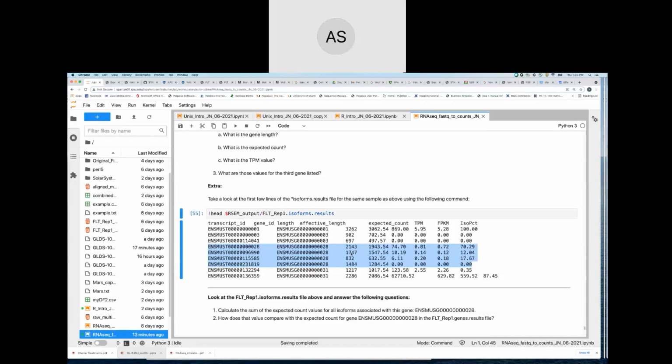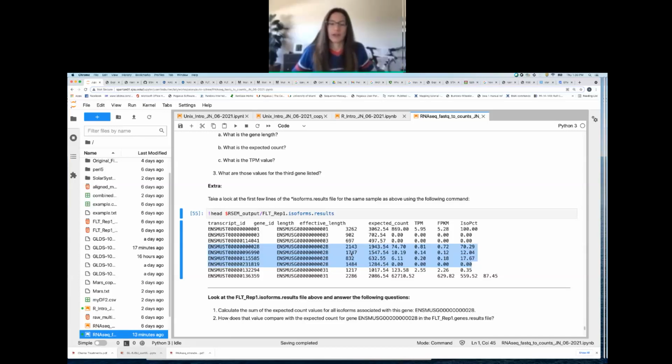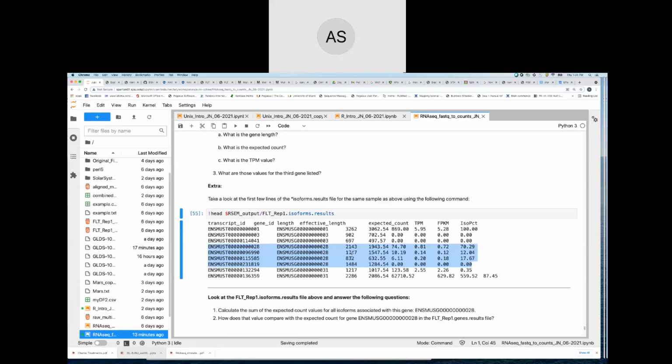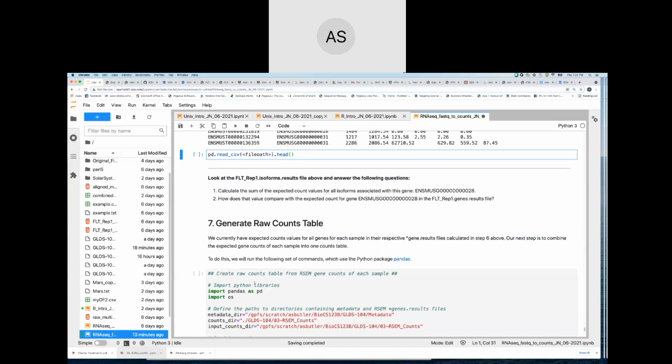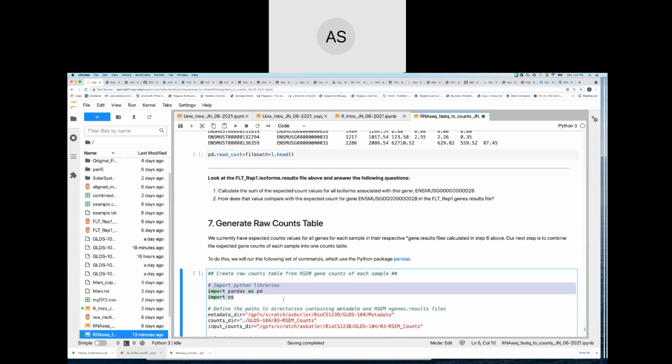So Lauren and Jonathan, both of you play around with that, and if you're able to get it working, then we'll have you share your results. Oh, yeah. Jonathan, what you're saying will definitely work because this is a Python notebook, so you can just read in the RSEM files as tab separated files using the pandas read_csv function. But what I was curious about was whether you could actually convert between Unix output and pandas output.